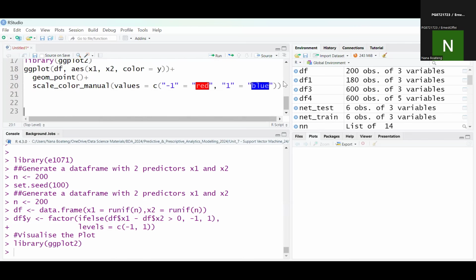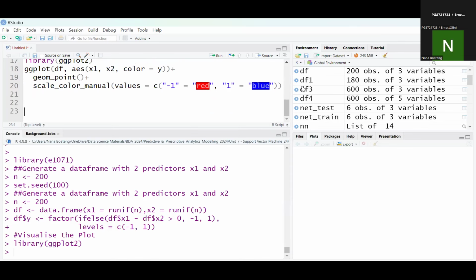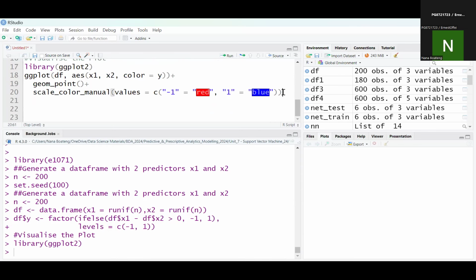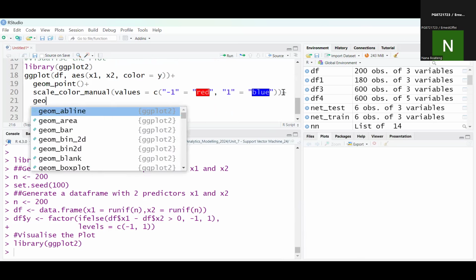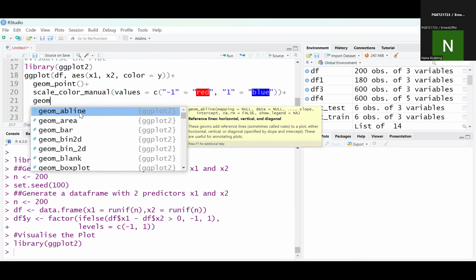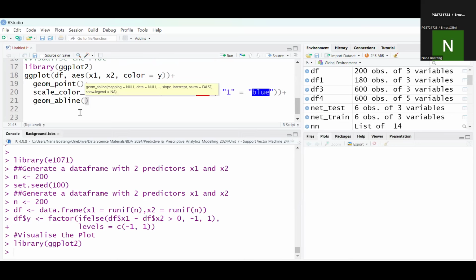Let's bring our plus sign here and add another layer. We want the diagonal line to go across it, so let's use geom_abline.